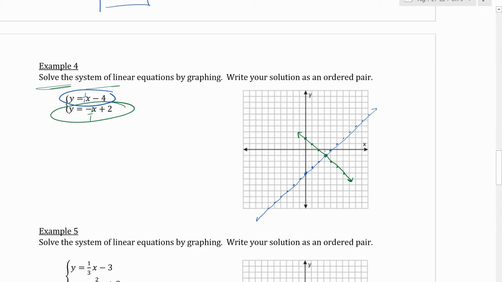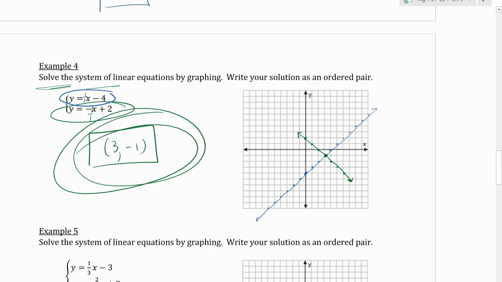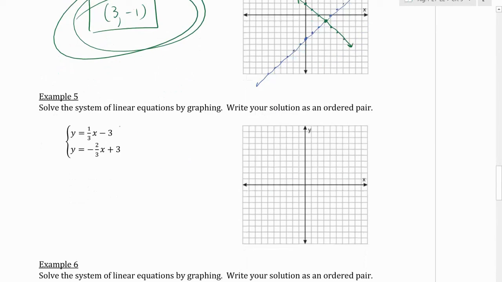To solve the system, I'm finding the point where they cross, which is over 3, down 1. The graph just tells me the solution. But this is the answer. Okay, so if I do this one, -3, I'm going to rise 1, run 3.